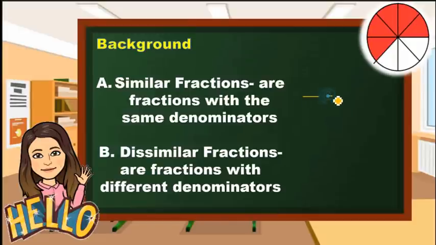Okay. So fractions or similar fractions should have the same denominator so that it will be classified as similar fractions. So if we have 5 here as denominator, the next fraction should also have 5 as denominator.